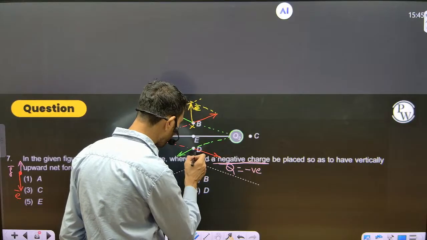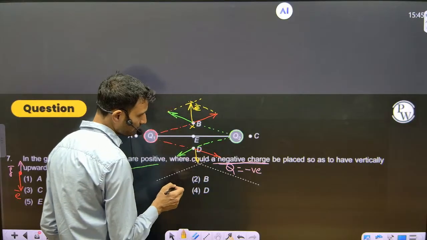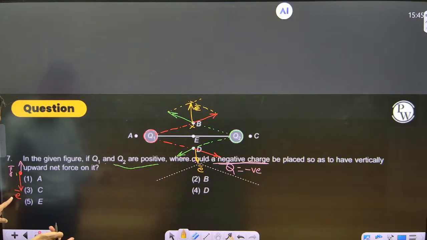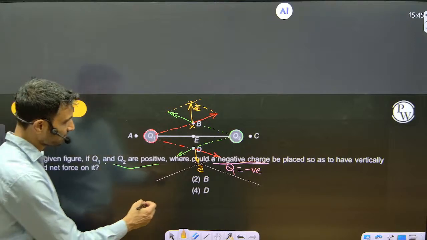Their sum will come out to be somewhere in this direction. So the electric field will be in this direction. And that is what we wanted, right? We wanted the electric field to be in the downward direction so that the force could be in the upward direction. So which option is correct? Okay.